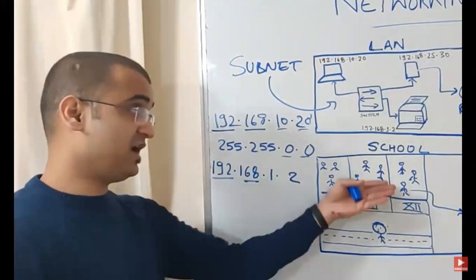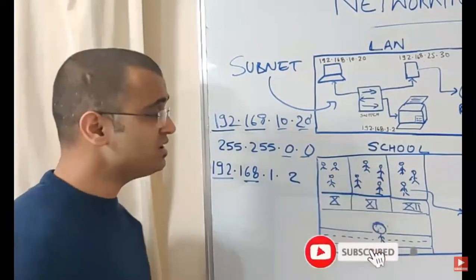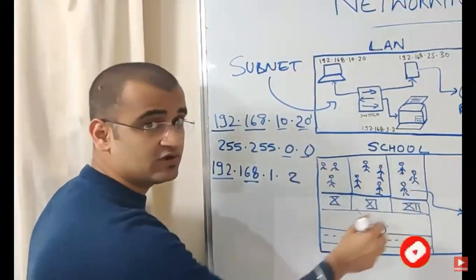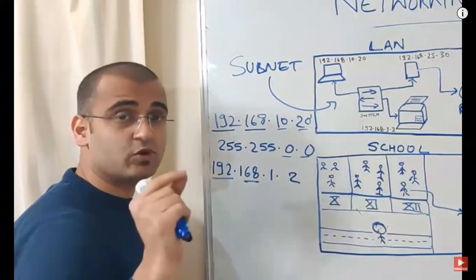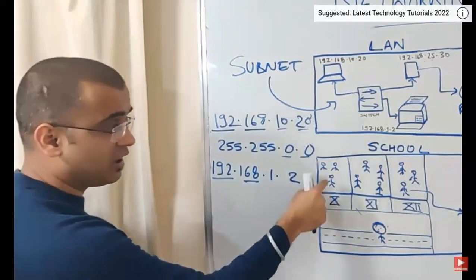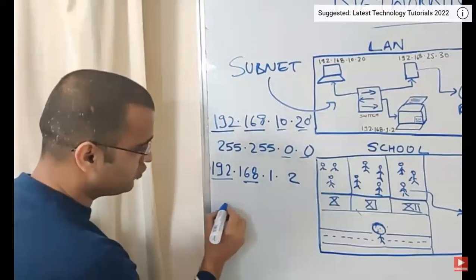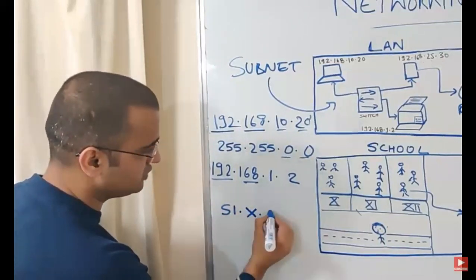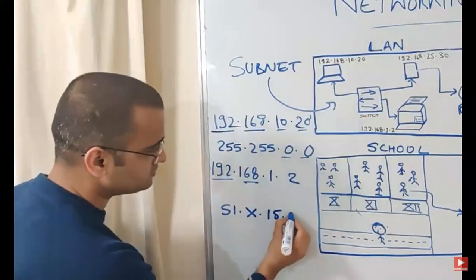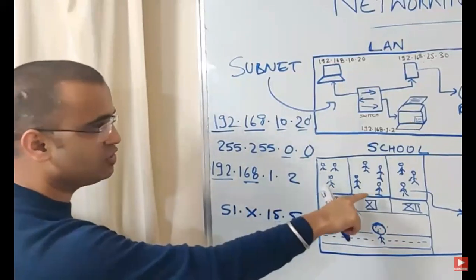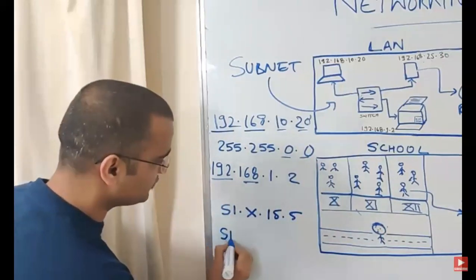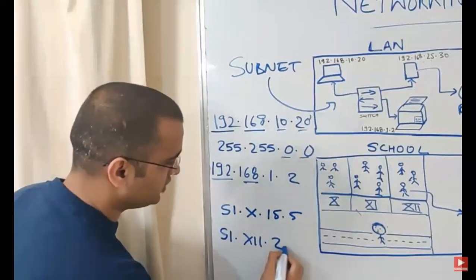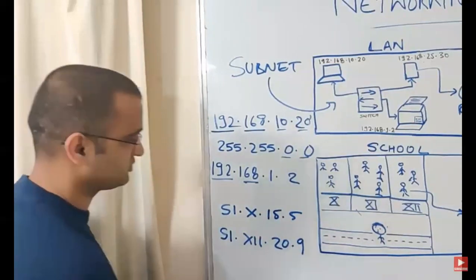And if you want to correlate with a school example, then from the roll number of one student and the roll number of another student, we can identify whether they belong to the same school. So a student of class 10th can have a roll number like S1.10.15.5, and the roll number of a 12th student could be S1.12.20.9.